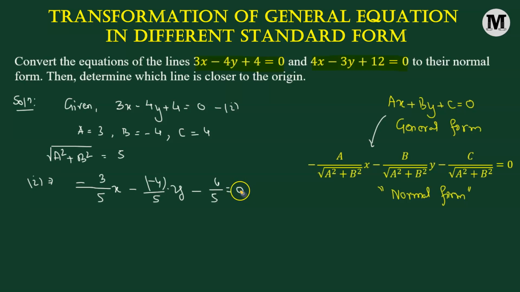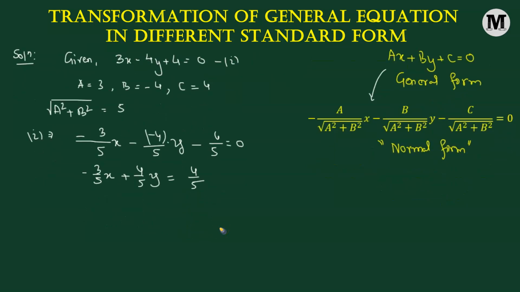This is equal to 0. Now we have negative 3 over 5 times x plus 4 over 5 times y equals 4 over 5. Let's multiply throughout by 5 so that we get negative 3x plus 4y equals 4.